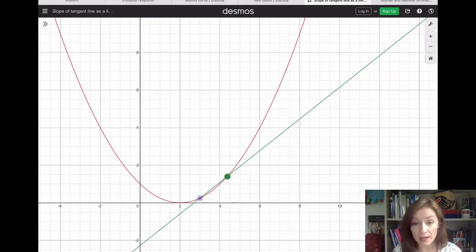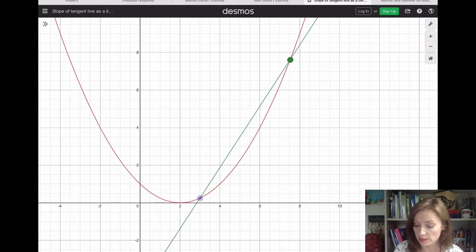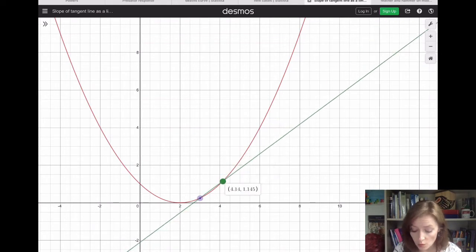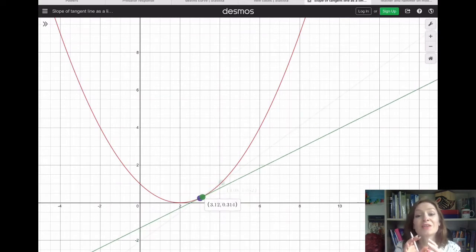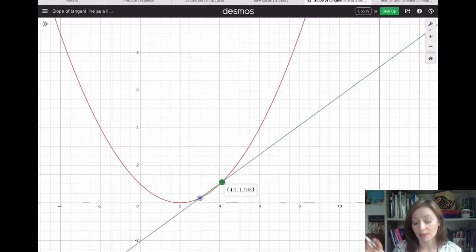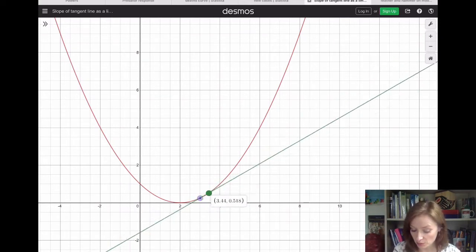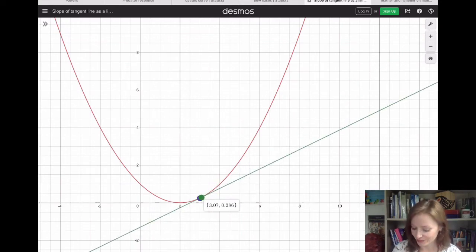The green line now looks a lot more like my red parabola than it did here. Here the green line is kind of far away from a parabola, it doesn't quite match its shape. But the closer I get, the more my line mimics the shape of my parabola. Until I get right on top of that point where I get just one line and therefore I'm able to actually think of the tangent line here.